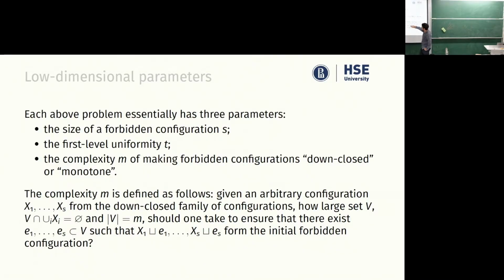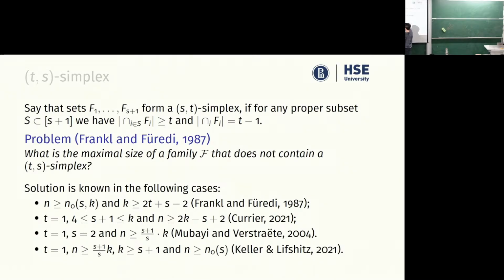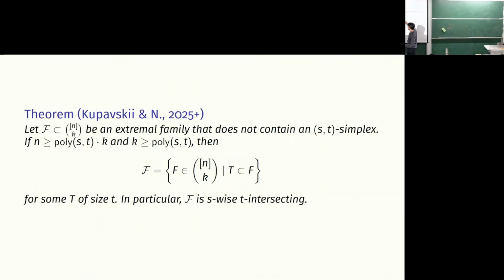Okay, the second parameter is T, which defines the uniformity of the low dimensional extremal problem that defines the extremal example.